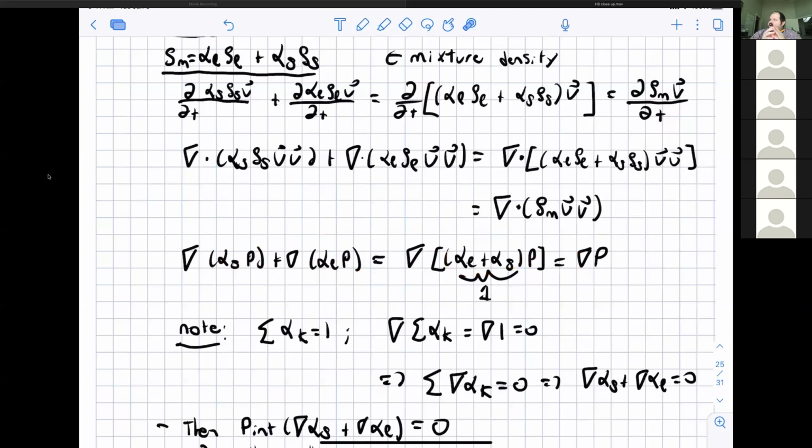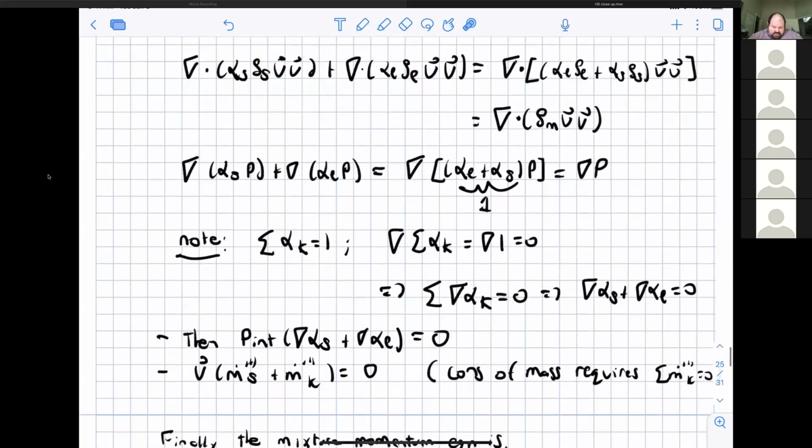And so now we've got to work with some of the nasty interfacial terms. I think I did this yesterday, but I'll do it again: by definition, the sum of the volume fractions has to be 1. So we can take the gradient of this, and the gradient of the sum of the volume fractions equals the gradient of 1, while the gradient of a constant is 0.